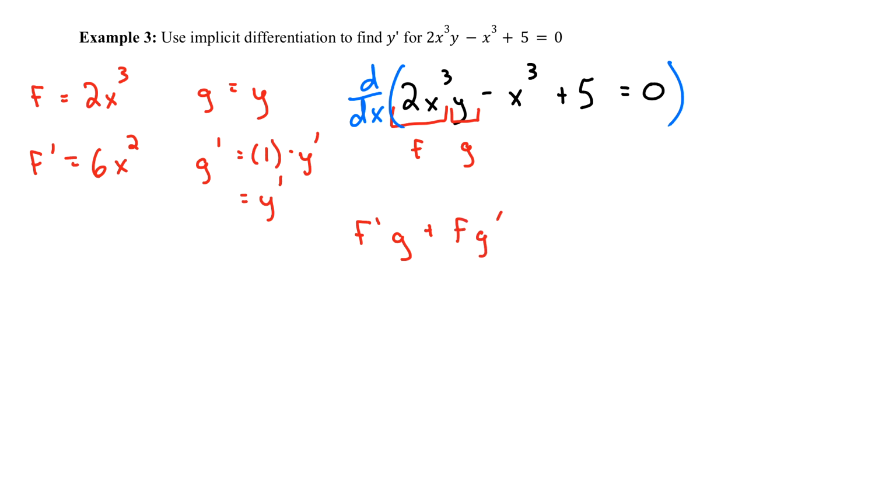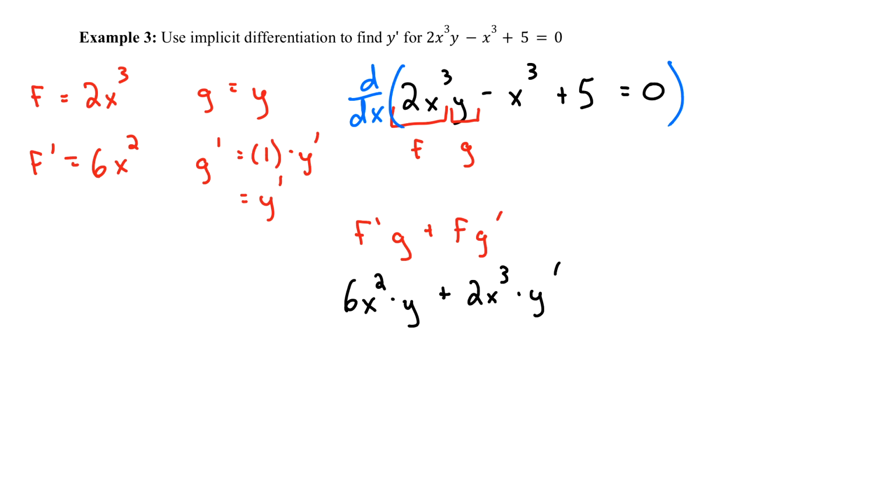We'll write it out here, and then now I'll go ahead and plug these in. So f prime is 6x squared times g. Here we said g was just equal to y, plus f, so that's going to be 2x cubed, times g prime, and in this case we can simplify g prime to just be y prime.